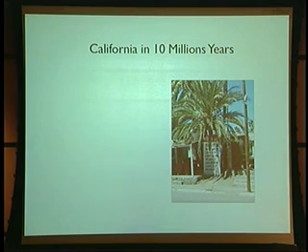So what's California going to look like in 10 million years? Well, one of the things I hope is the menu gets a lot better, because I like the tacos de pescado and camarón, carne asada, right? Chorizo, machaca, much better.